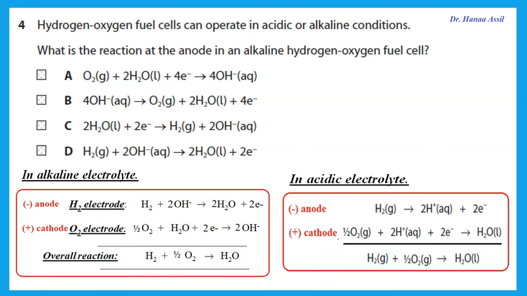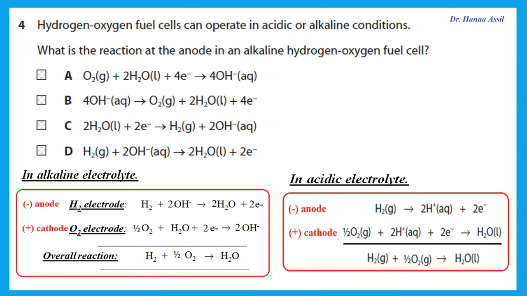In both cases, the overall reaction is the same. Hydrogen plus oxygen to give water, but the difference is the anode, which is the electrode that is negatively charged, negative electrode. This is where oxidation happens.